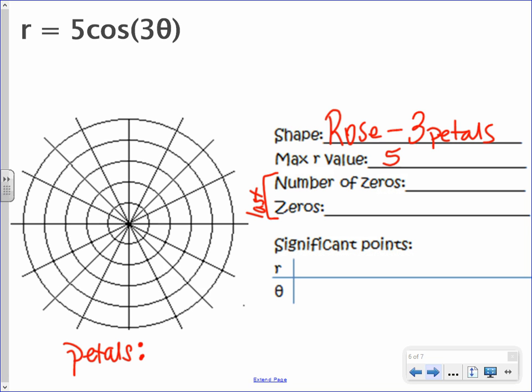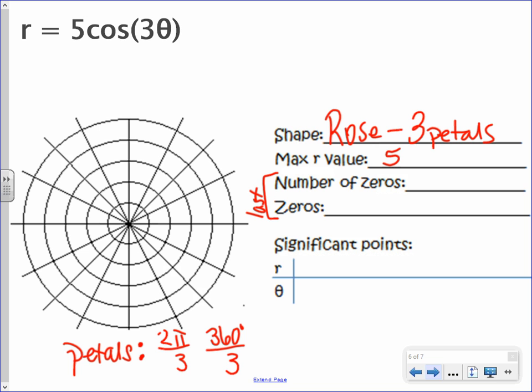Okay, well, how many degrees do we have? Okay, so you can think of it in radians or degrees. We have 2 pi or 360 degrees that this rose curve is stretching, right? Well, if we have 3 petals, we need to divide that total number of radians by 3. So each of these petals are going to be 2 pi over 3 apart. Each of these petals are going to be 120 degrees apart. Okay? We can use that to our advantage.